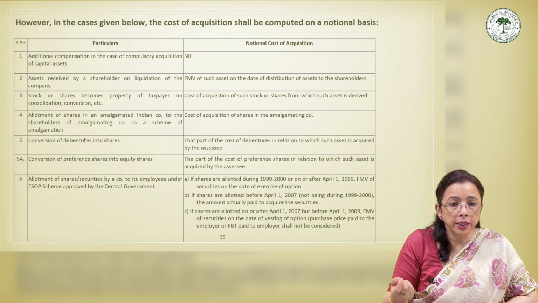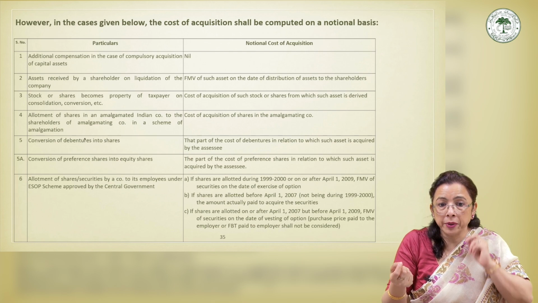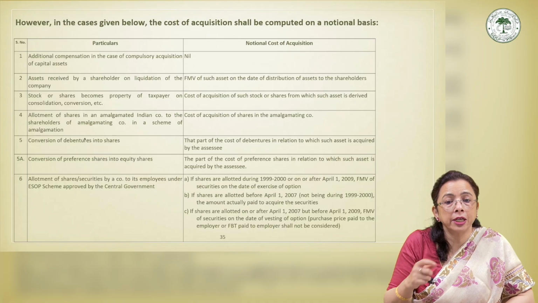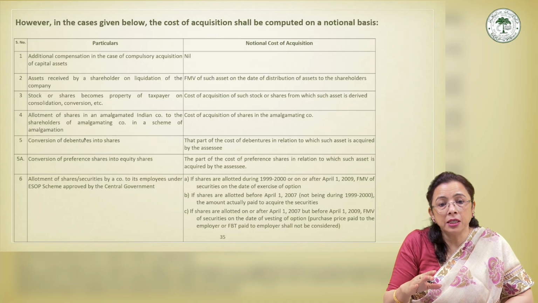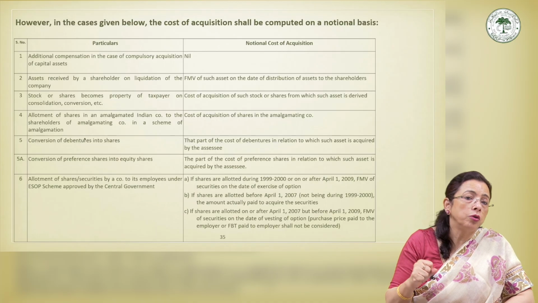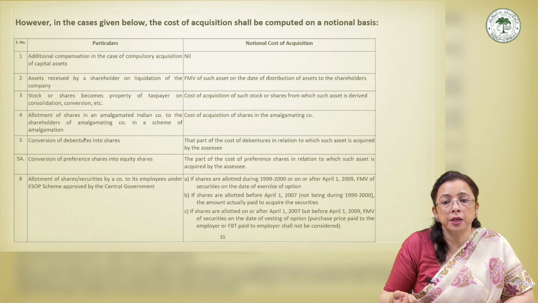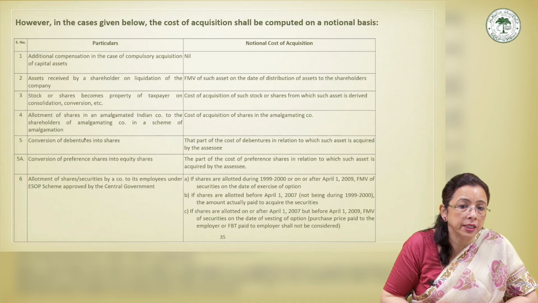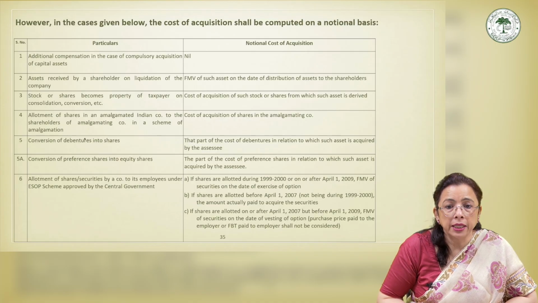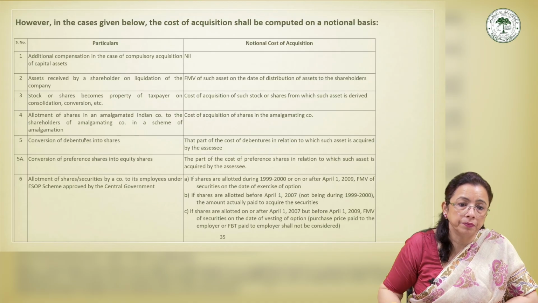So here we can include further that purchase price paid to the employer or fringe benefit tax paid by the employer shall not be separately considered while computing the cost. This rule was introduced maybe because ESOPs during this period were governed by the fringe benefit tax provisions, and therefore it is for those 2 years particularly.